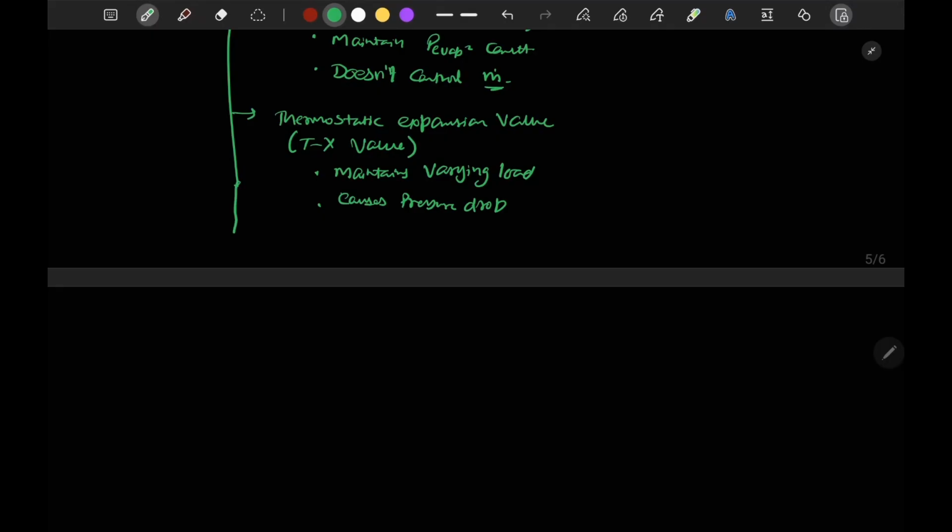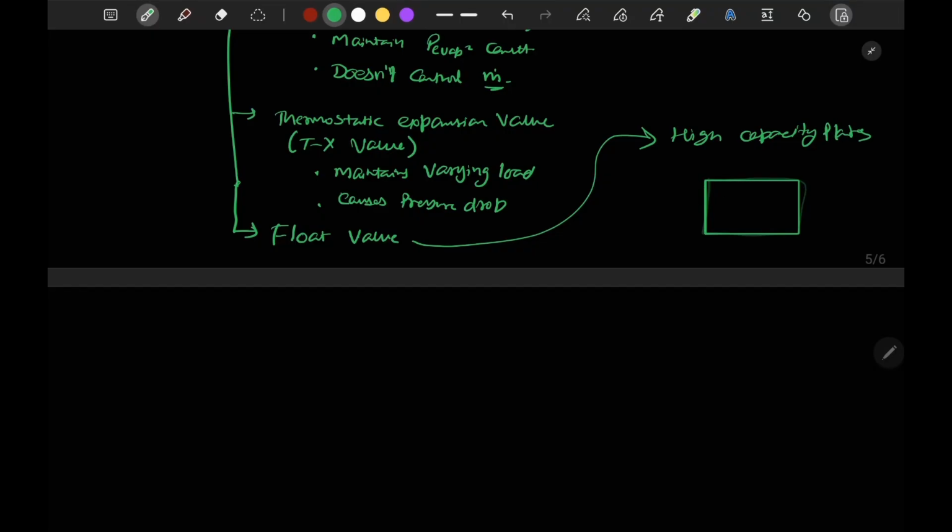Now there is one more type, that is the float valve. The float valve is an ordinary type, used in our refrigeration chambers, and is generally used in high capacity plants. It is like this in a closed chamber.